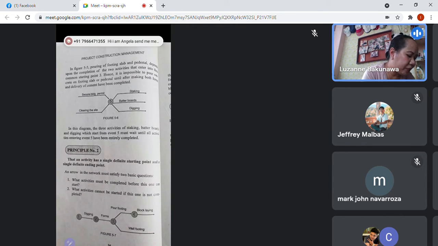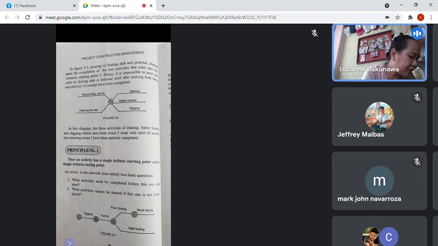Then, principle 2, that is principle 1, ha? Principle 2, that an event has a single definite starting point and a single definite endpoint. So you can only have one starting point, and you can only have one ending point. So an arrow in the network must satisfy two basic questions.